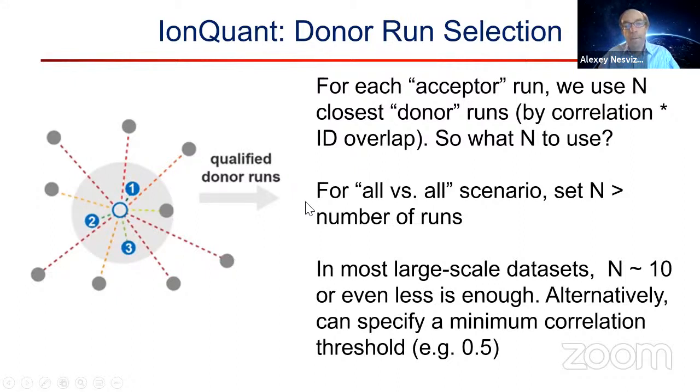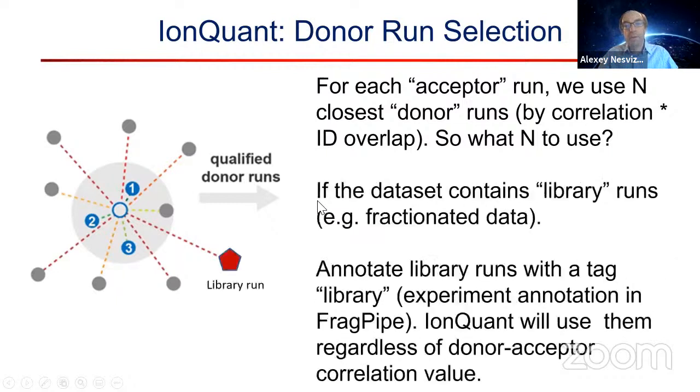Now, there are some cases where you may want to allow a particular run to be used as a donor run, even though it's very distinct from the acceptor run. One good example is when you do a single shot LFQ analysis, you have single shot data on many samples, but you also have fractionated samples that you use as boosting runs, as library runs, if you wish.